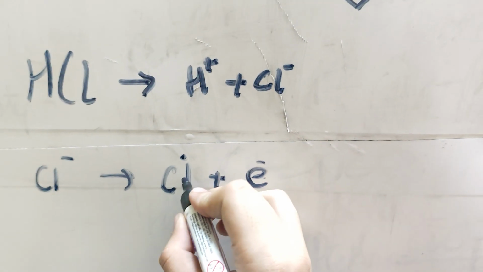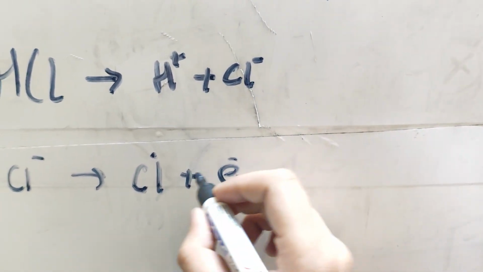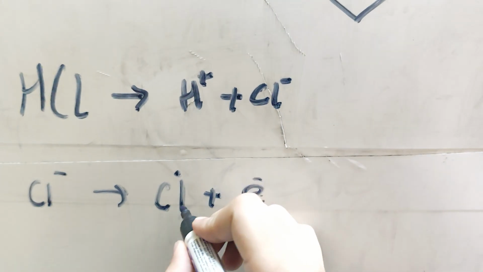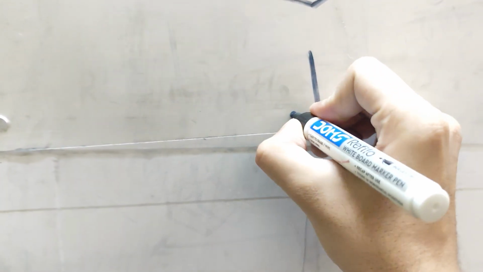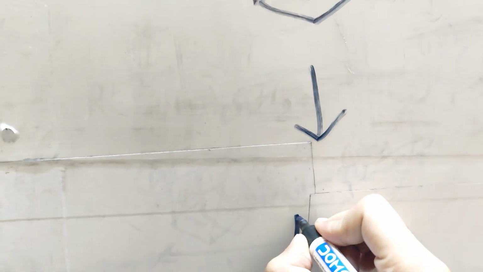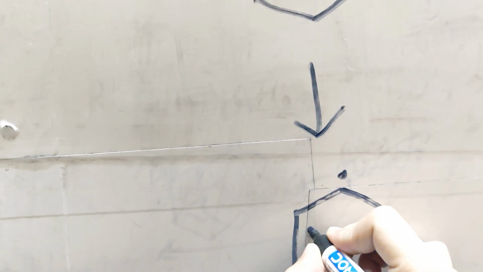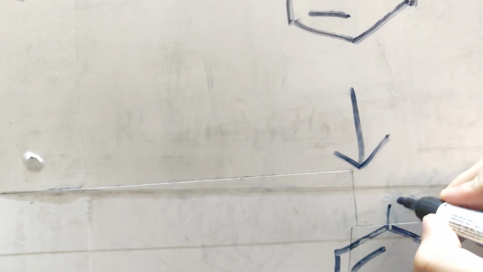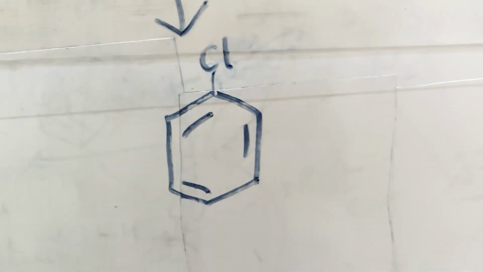Because this is a radical now, electron has been removed, this radical will be getting added with the benzene. There is a free radical on benzene, there is a radical formed of chlorine, so it binds here, so this will be Cl.